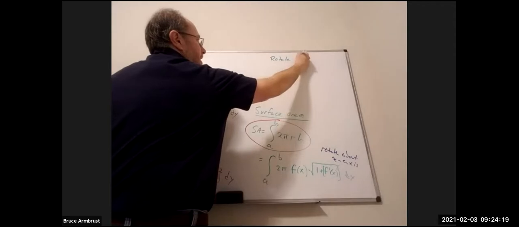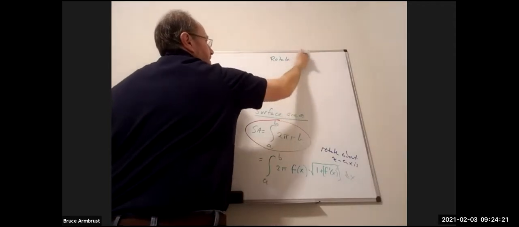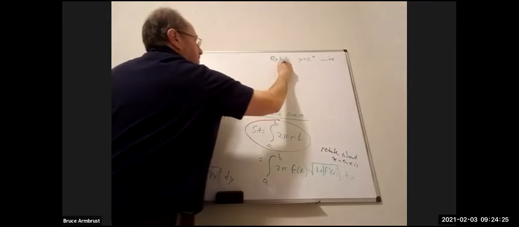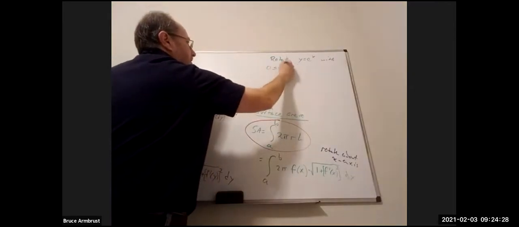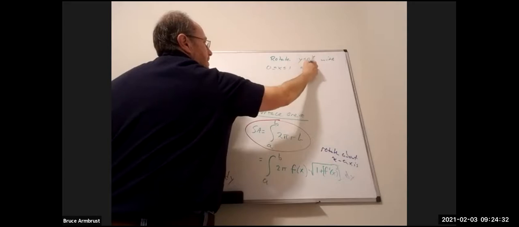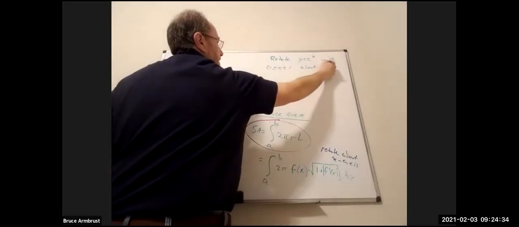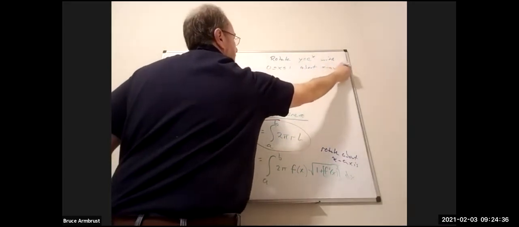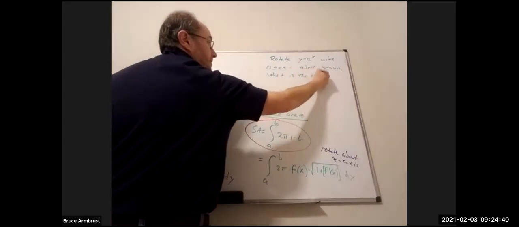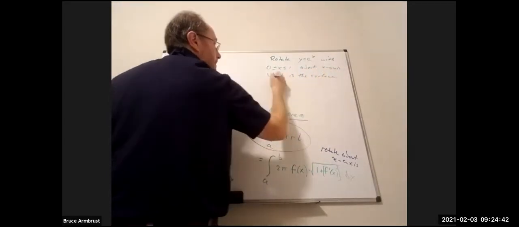So we're going to rotate y equals e to the x with our x's between, say, 0 and 1, about the x-axis. And I want to know what is the surface area of that shape.